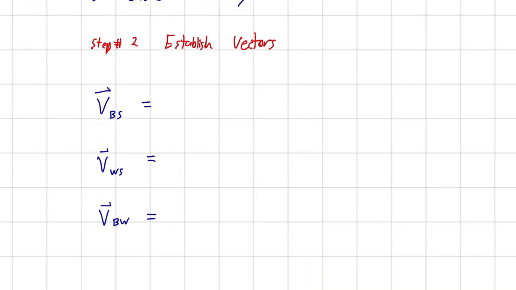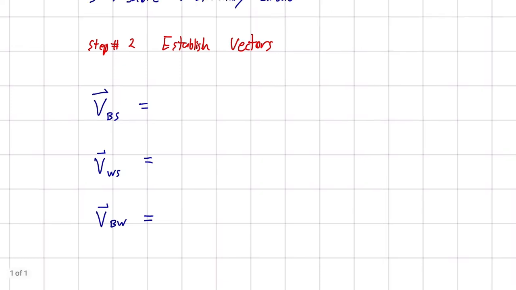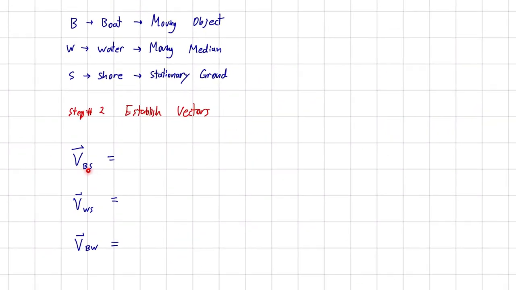So this is the object relative to the ground, the medium relative to the ground, and the object relative to the medium.